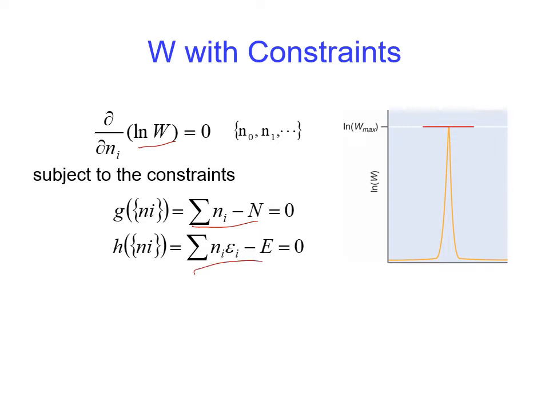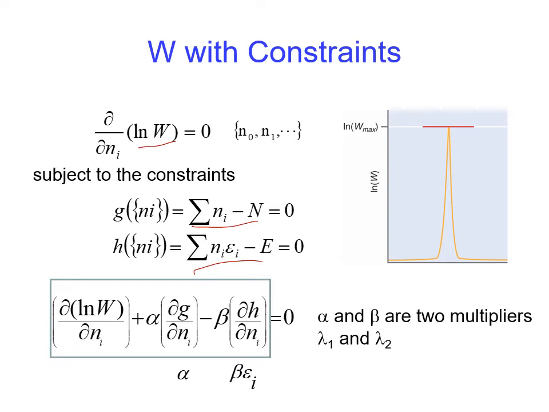So because we have two constraints, we have two multipliers. We use alpha and beta. So the partial derivative of ln W over Ni plus alpha times the derivative of constraint 1 over Ni, and beta times the derivative of constraint 2 over Ni, equals 0.